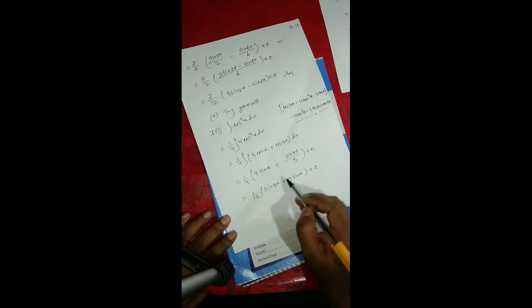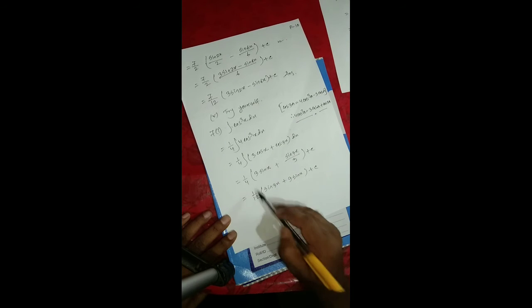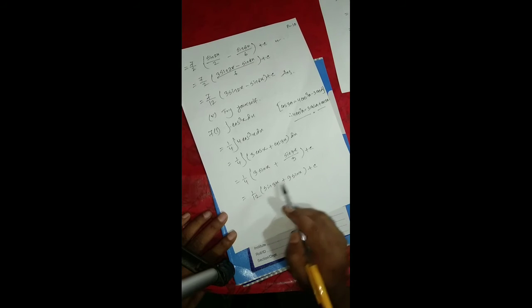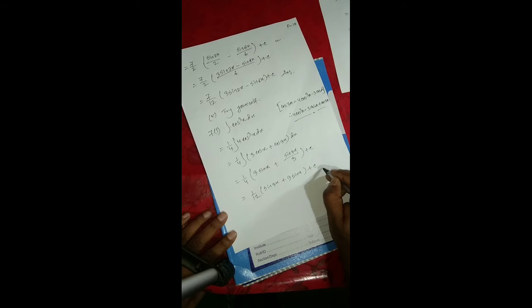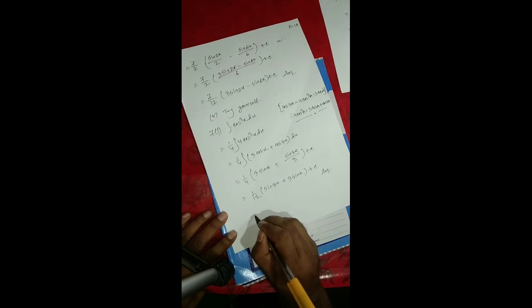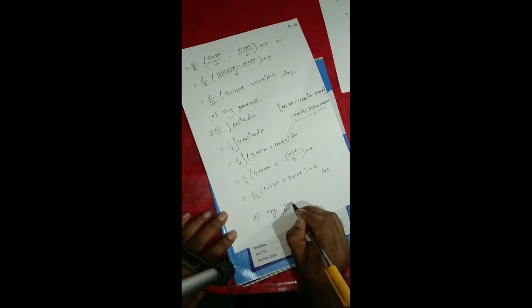Now 3 3s are 9 sin x plus sin 3x, 3 4s are 12. Again I repeat it, 3 3s are 9 sin x, 9 sin x plus sin 3x, 3 4s are 12. Just one line skip here. The answer. And 2 numbers, try yourself.